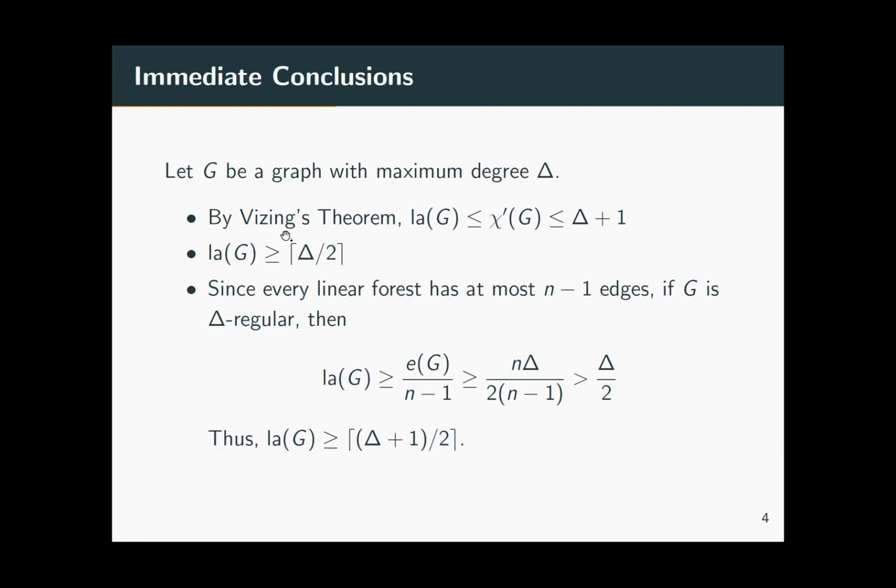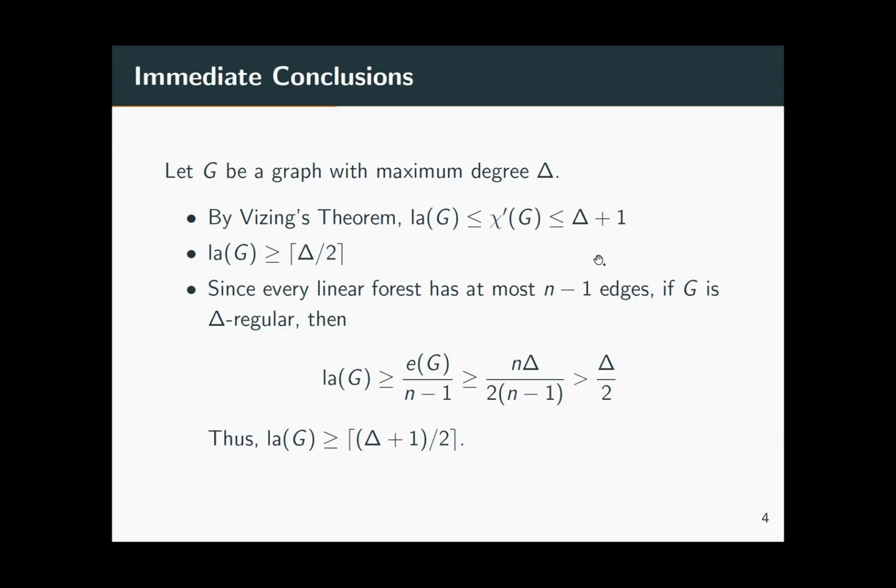So by Vizing's theorem, the linear arboricity of G, LA of G, is less than or equal to the chromatic index of G, which is less than or equal to delta plus 1.